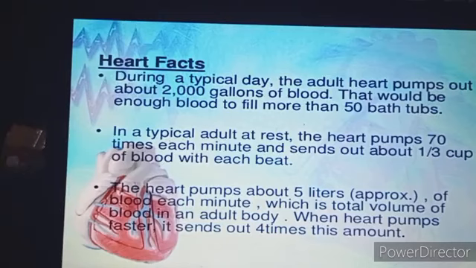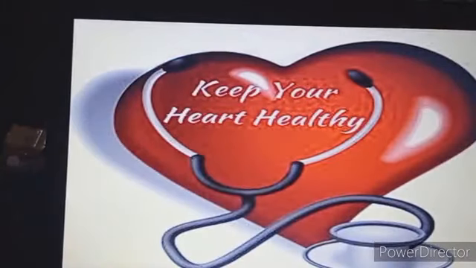So the total volume of the blood in an adult is around 5 liters. When the heart pumps faster, it sends out 4 times the same amount. So these are a few facts to know. Now, how to keep your heart healthy.